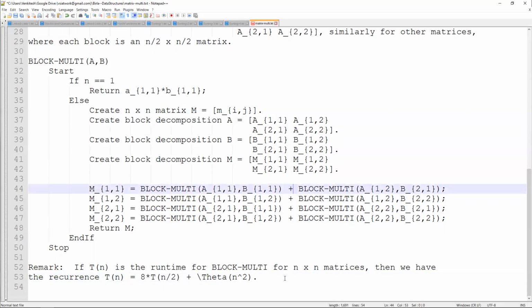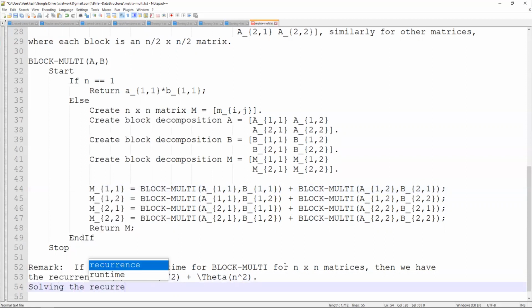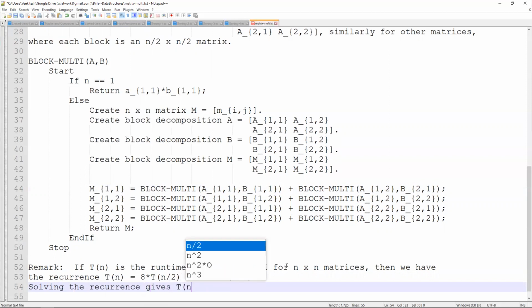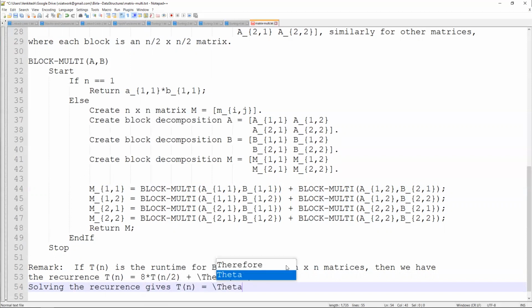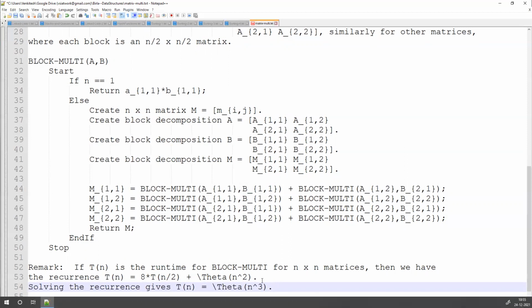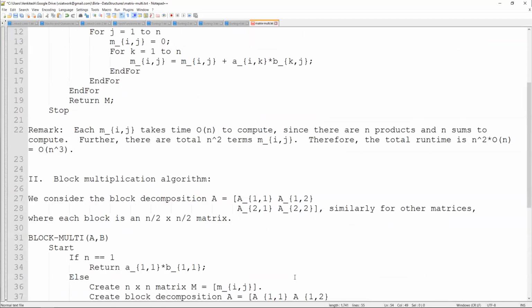Okay. And then solving these recurrences gives us again T of n is equal to theta n cube. You can use master method or some such method and then get theta n cube. Okay. So where are we right now? This block multiplication algorithm, which gives us runtime theta n cube, is roughly the same time as the previous elementary algorithm that is also running in order n cube, right?